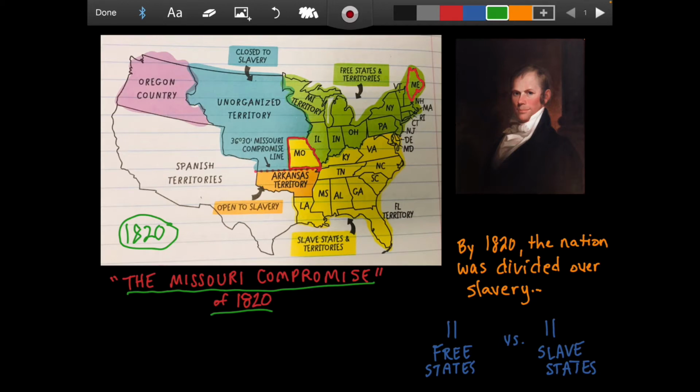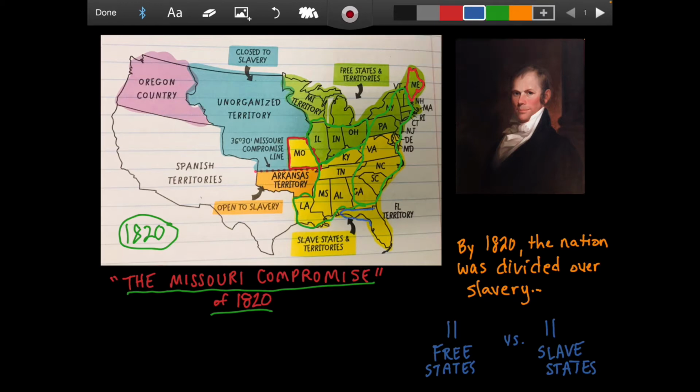The original 13 colonies, which were located over here, are no longer alone. Now we've got new states in the north, as well as new states in the south. But we also have territory.